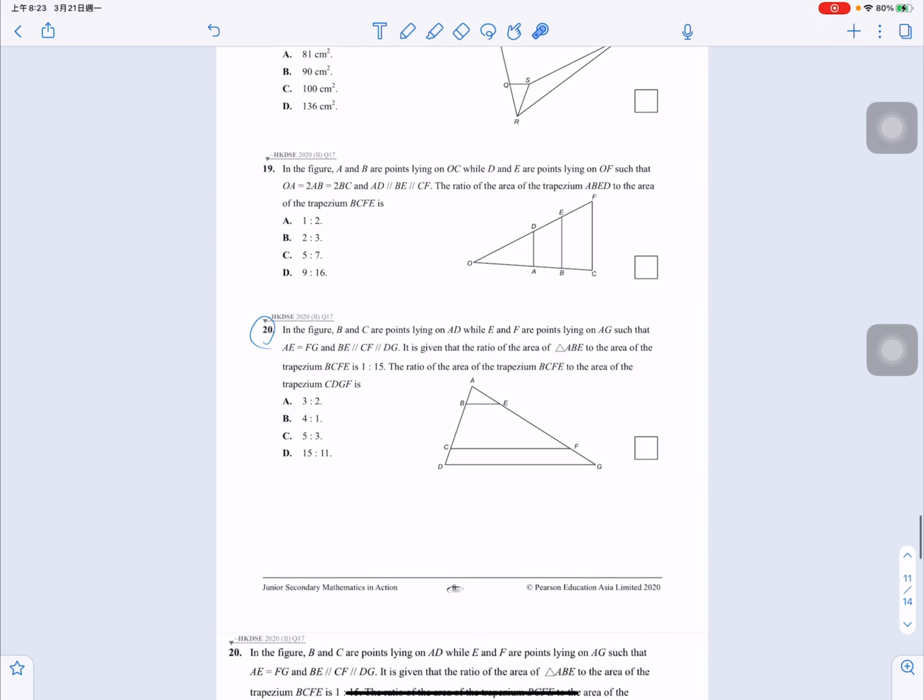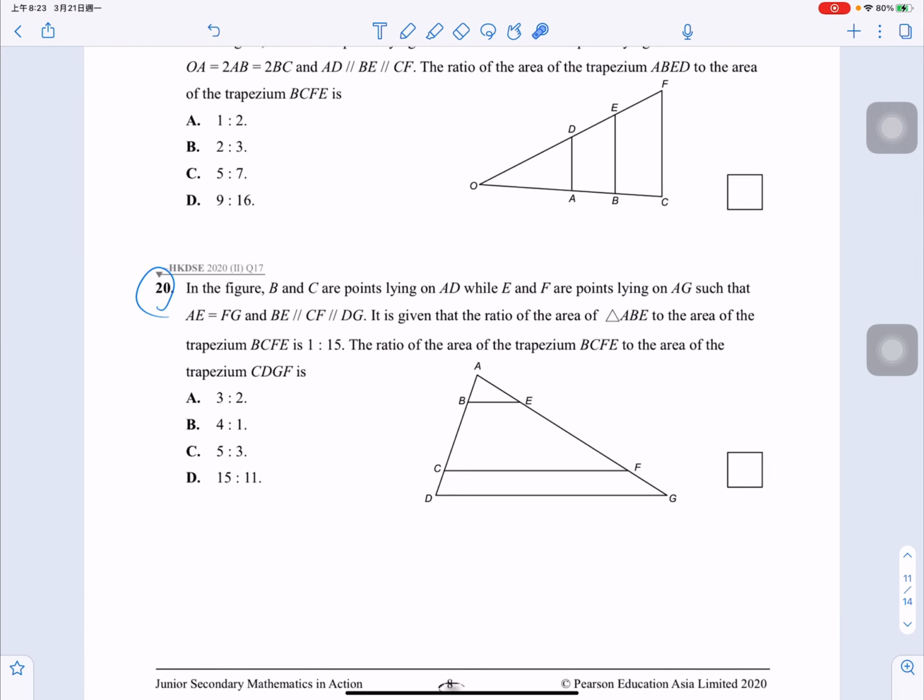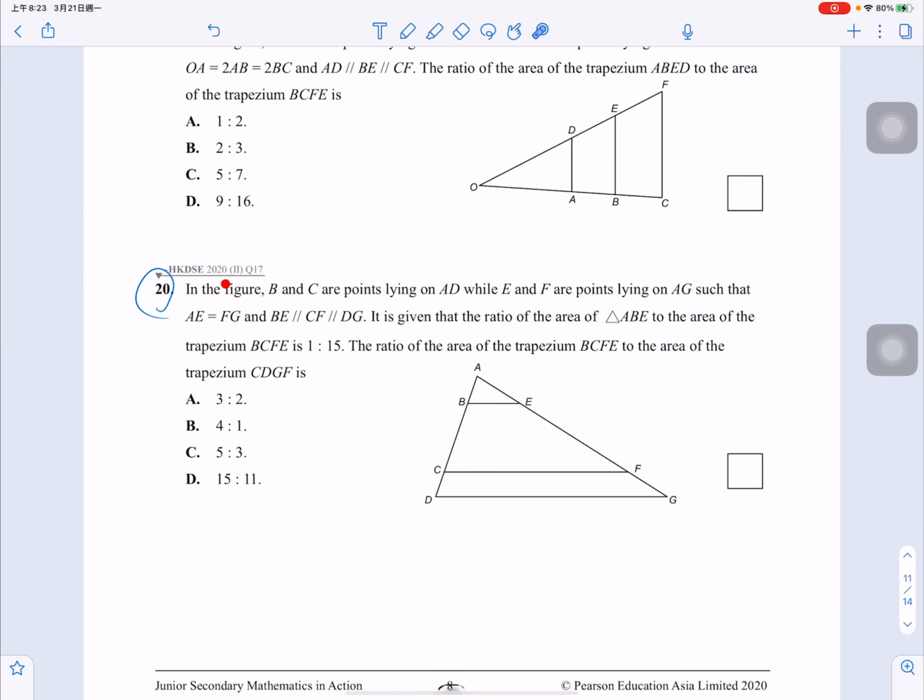And I would like to discuss the last question, 2020, question 17. This one. Okay, let's see. Now here in the figure, B, C are points that lie on AD, while E, F lie on AG, such that AE equals EG. Not E, AEFG. These two are equal, and they are parallel.